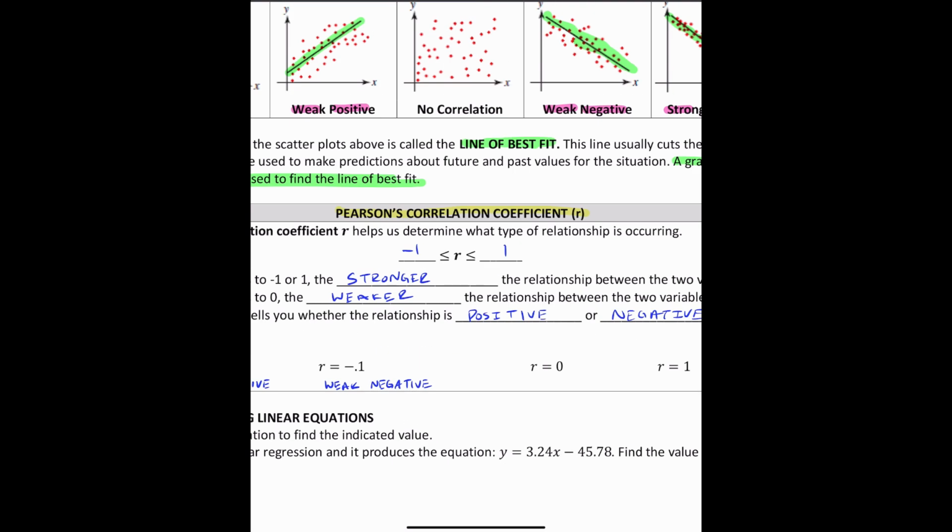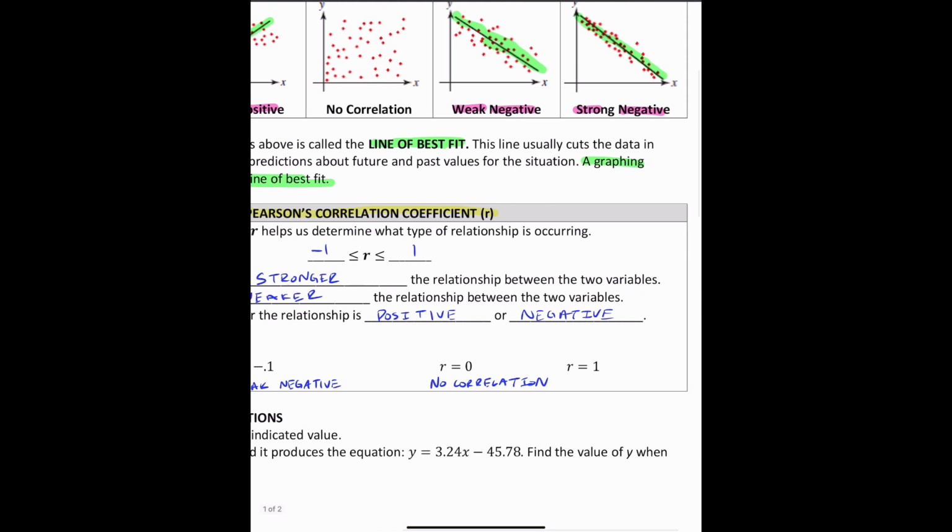Okay, so the next example is R equals 0. R equals 0 is not close to -1 and 1 in this sense. So whenever we say that R is equal to 0, rule of thumb here is we call this a no correlation. And then R equals 1. The R value is exactly 1.